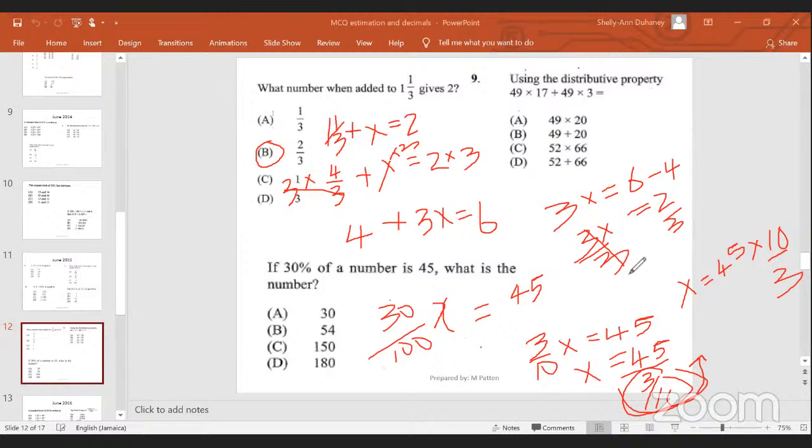All right, so if you found 30% of a number and it is 45, 30% is 45, and you want the number, which is 100%, right?